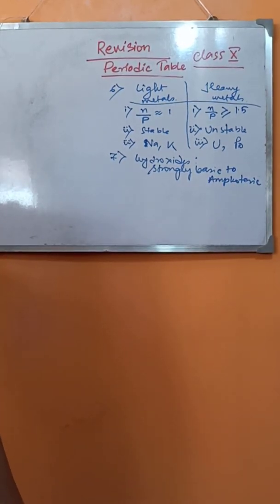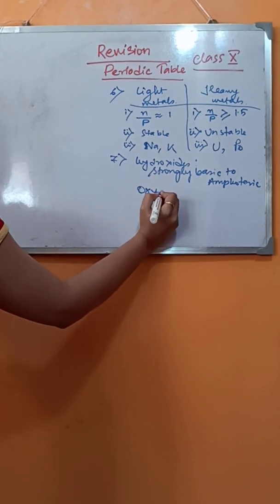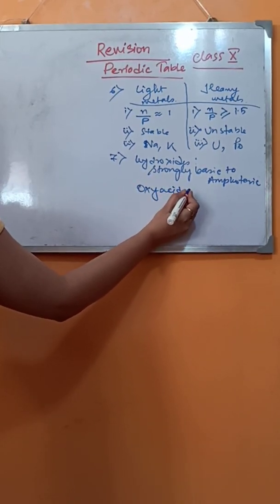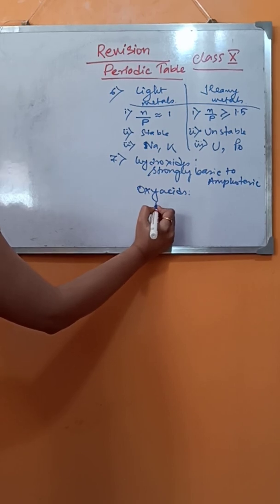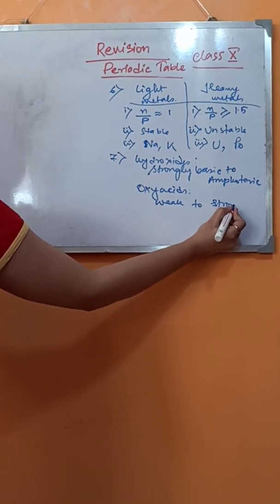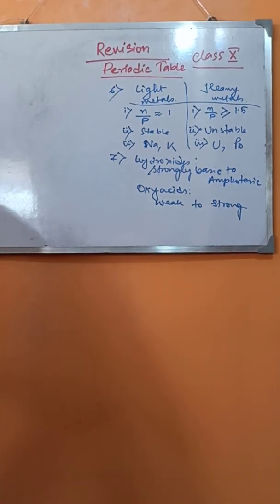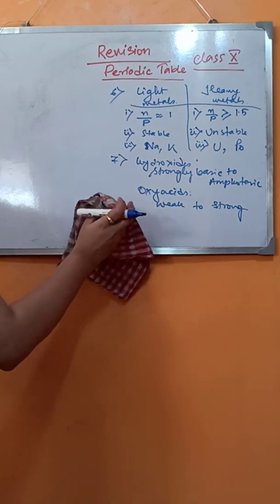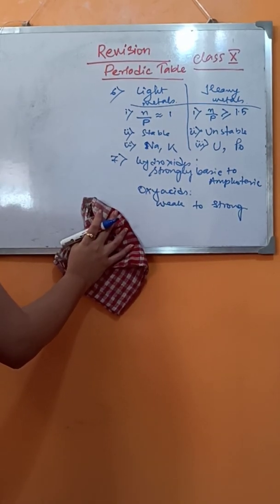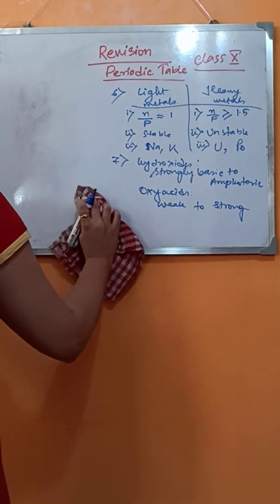And the oxyacids vary from weak to strong. Okay, these are directly there in your book only. Your next question is why are alkali metals good reducing agents?